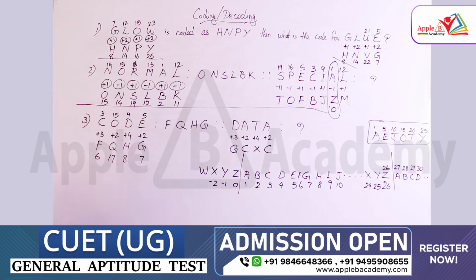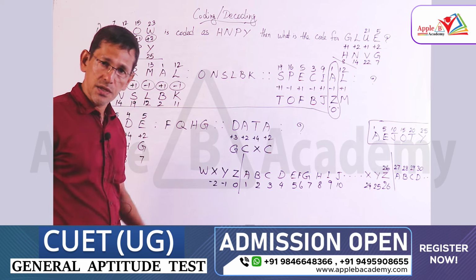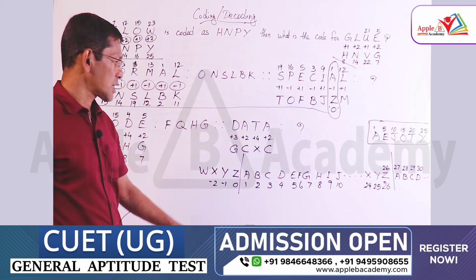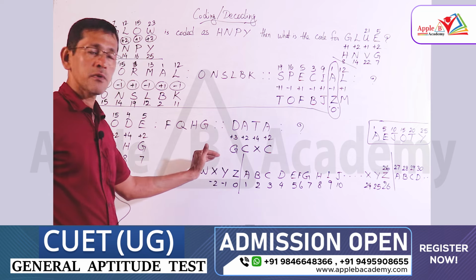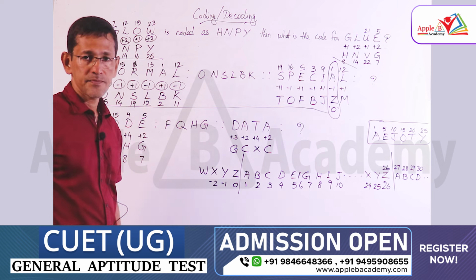If you have the answer choice GCXC among the answer choices given in the question, then it is perfectly all right. The pattern you have identified here is correct.